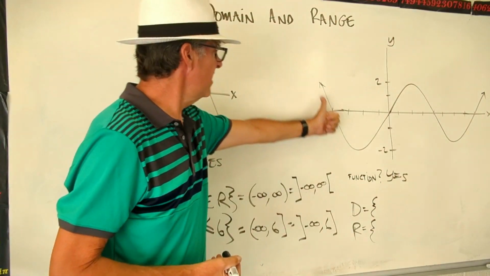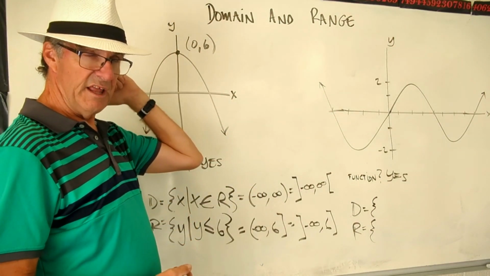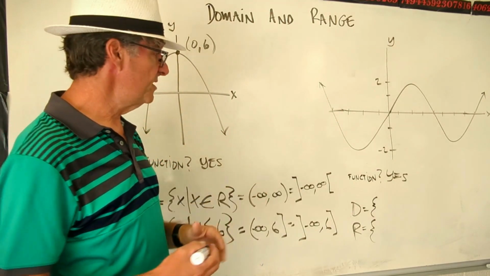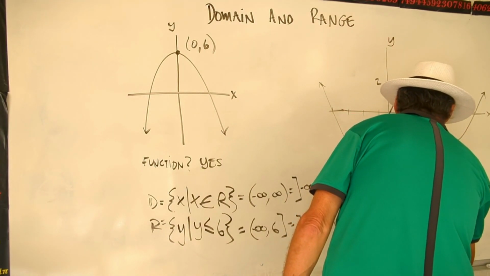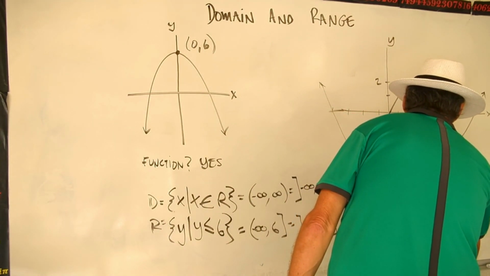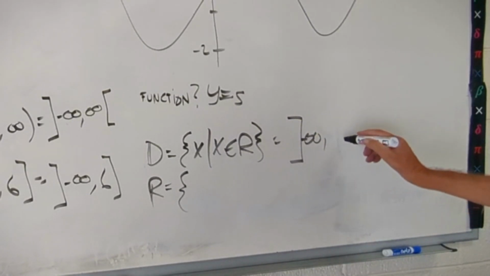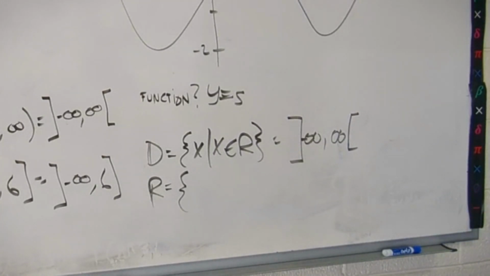This arrow is going to keep going, it's going to keep oscillating forever to the left and to the right, which are the x values. So there's no limit here. So this is going to be the same thing, the set of all x such that x is an element of real numbers. That's the same as this. Remember, it's not inclusive of infinity. It just goes right to infinity.